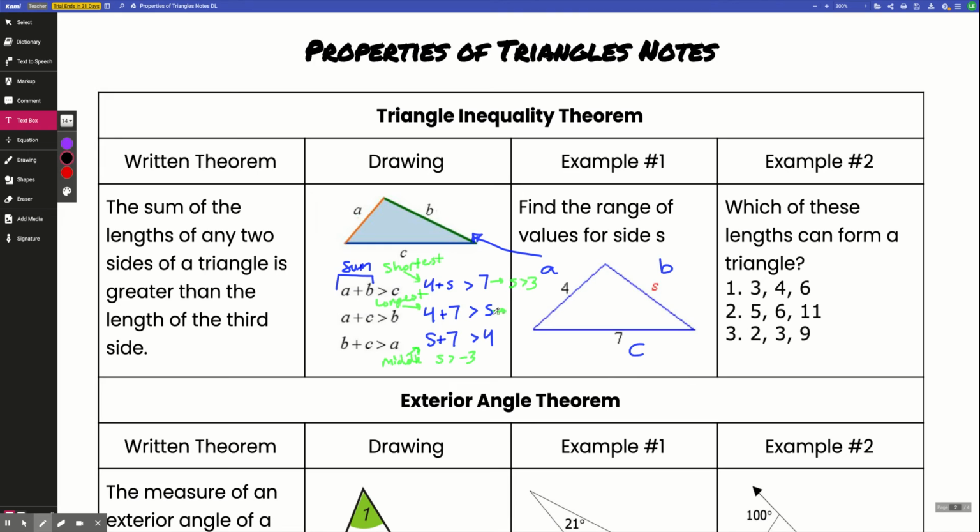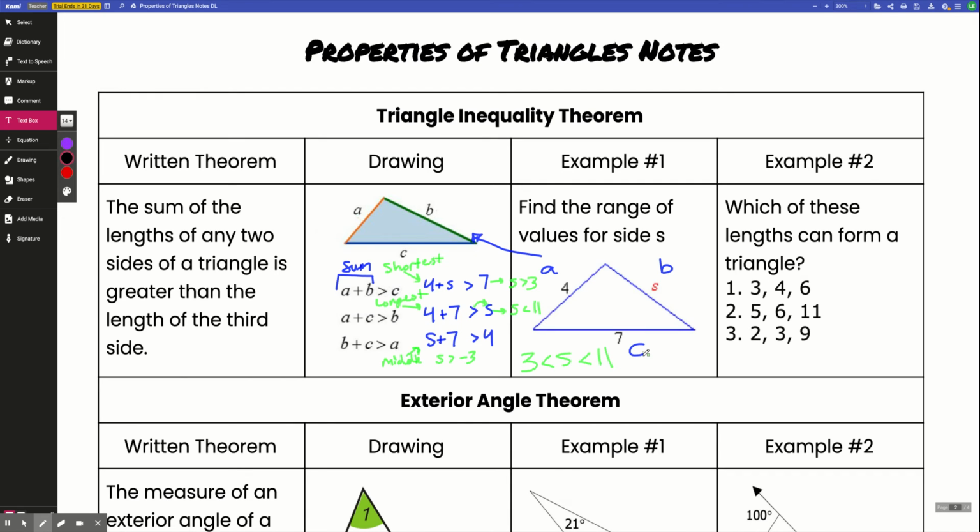Then if I solve this one where S is the longest side, where I just add the two numbers, I get that S has to be less than 11, because 11 is greater than S. So that gives me my range right there. 3 is my lower bound, so S has to be greater than 3 but less than 11.